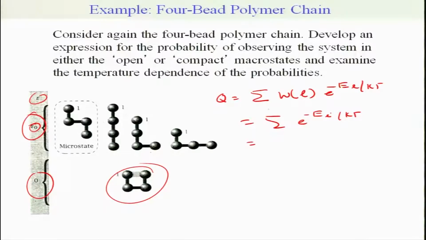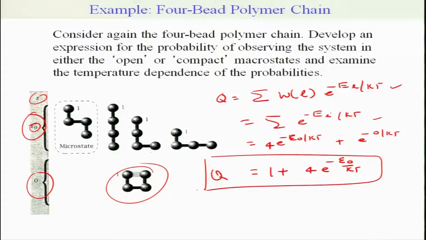So, here it is going to be e to the power minus epsilon 0 by k T, because there are 4 of them, it becomes 4, plus e to the power minus 0 by k T for the case of the ground state. So, that means we have Q is 1 plus 4 e to the power minus epsilon 0 by k T. You can use it either this way or that way, both will yield the same expression.